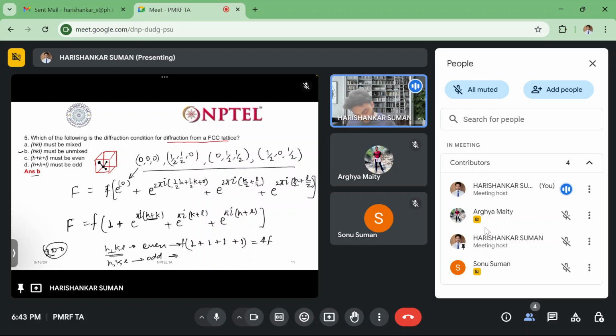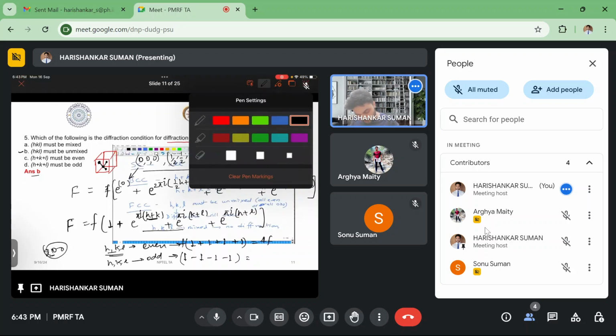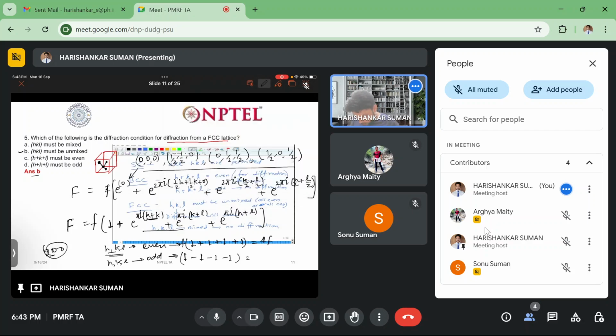If odd, then the terms are 1, minus 1, minus 1. So FCC, and then HKL must be unmixed.